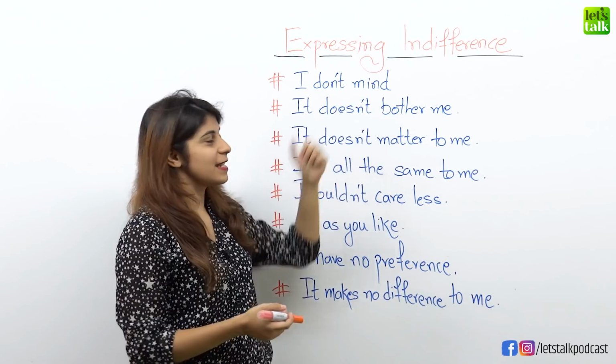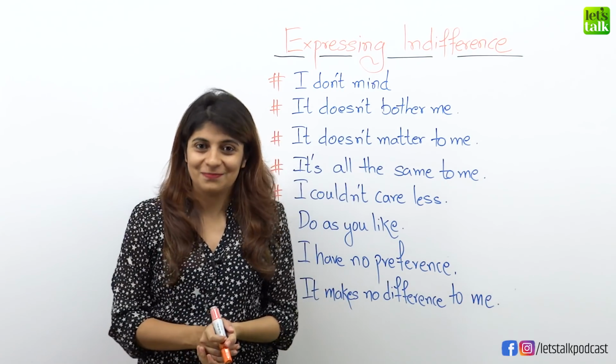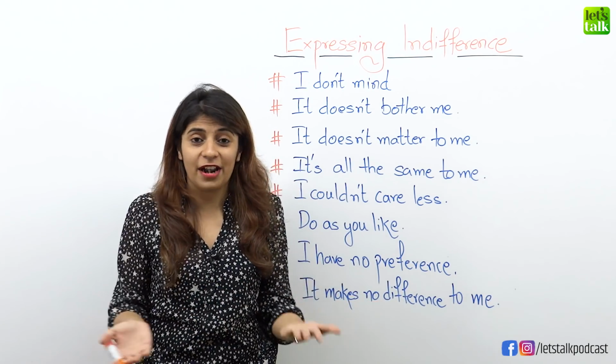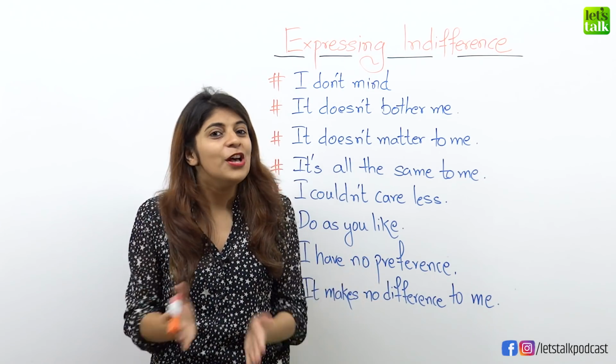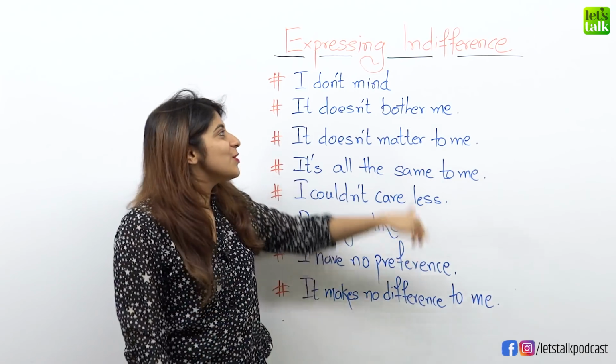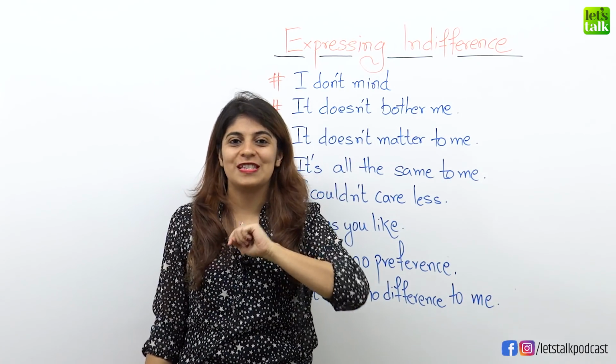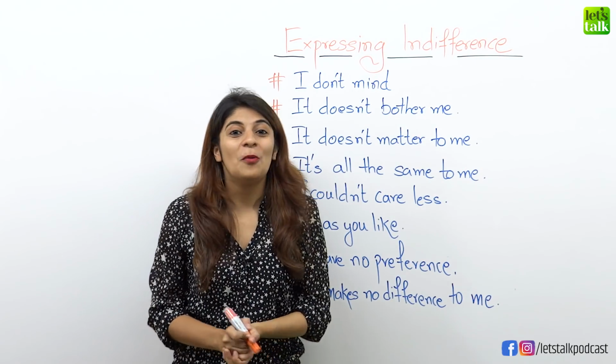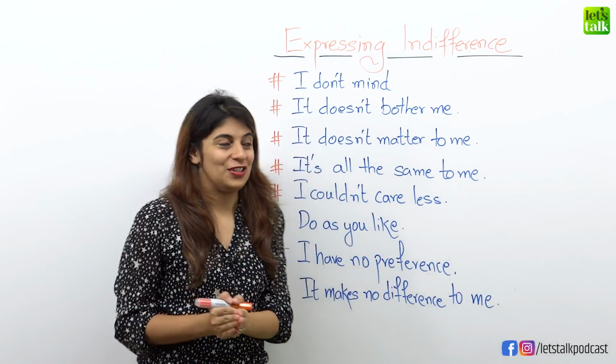So you can use the expression, I don't mind. It doesn't matter to you. It's okay if he eats it. It's all right if he doesn't eat it. I'll eat it up. So this is one of the expressions that you can use. I don't mind.